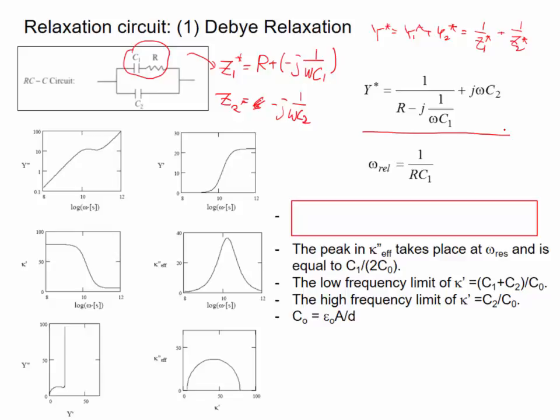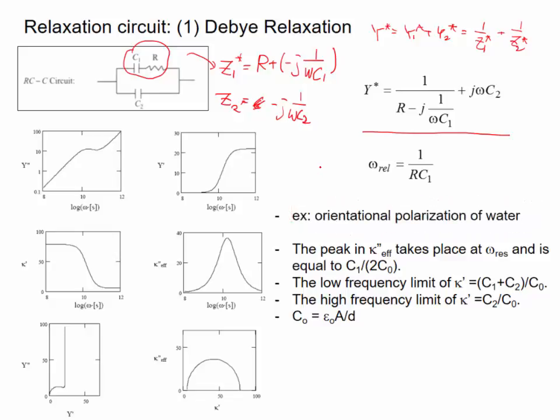And in this model, the relaxation frequency will be 1 over R times C1. And Debye relaxation can represent the polarization of the water molecule.